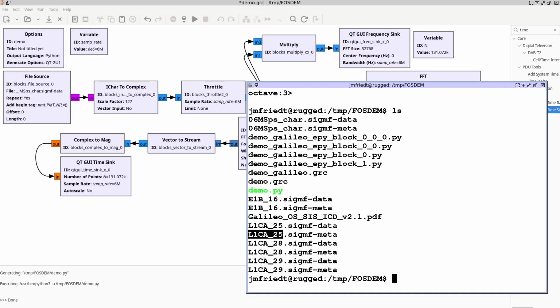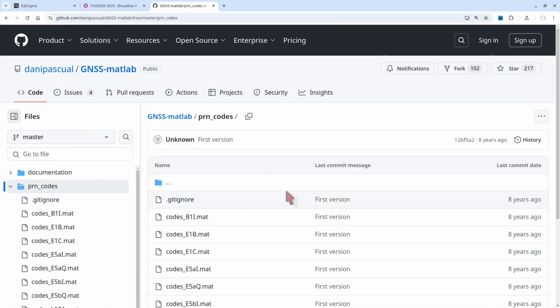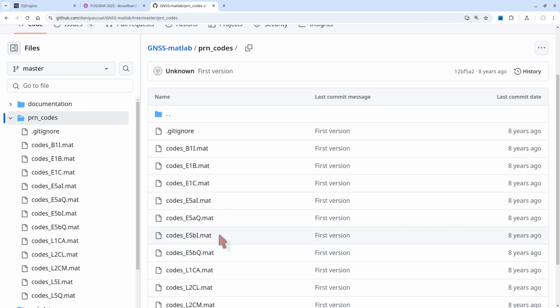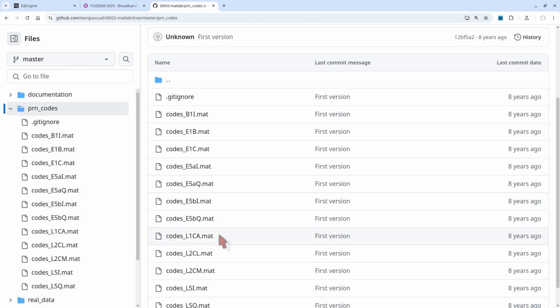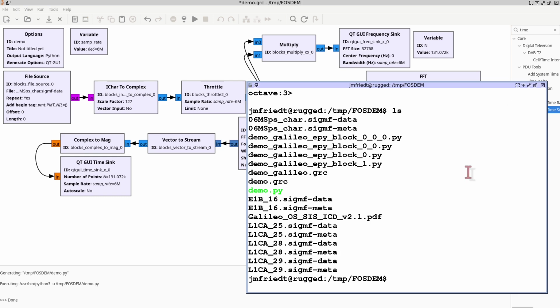These are actually collected from this website where you have the various pseudo-random codes that were stored as mat files. So you can actually read each one of these mat files from your Octave interpreter and save them as 8-bit integers.